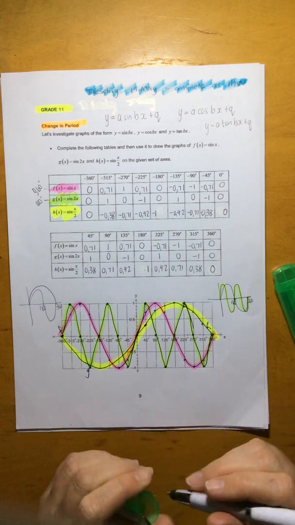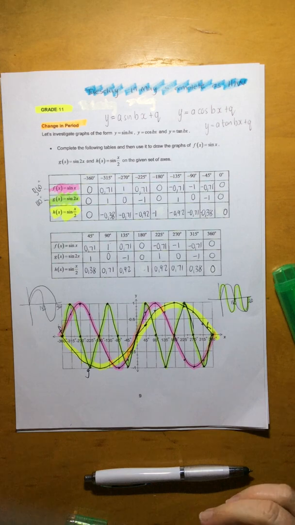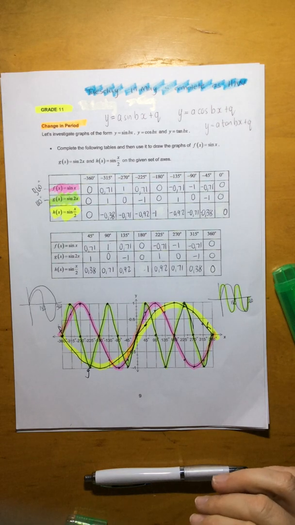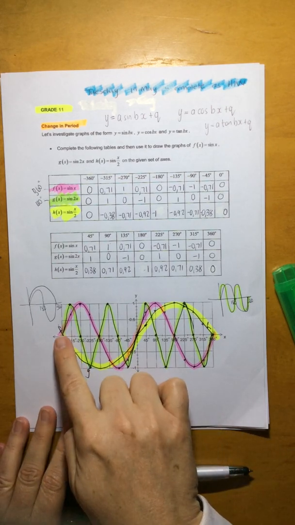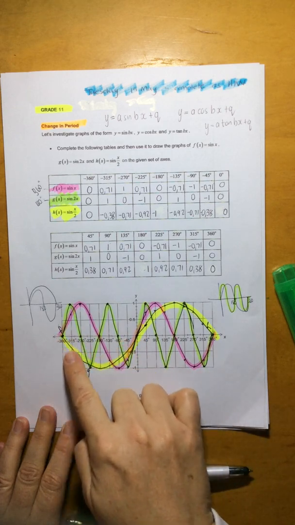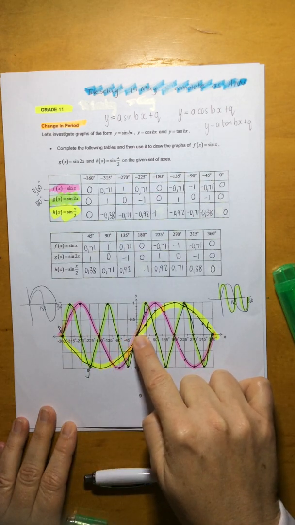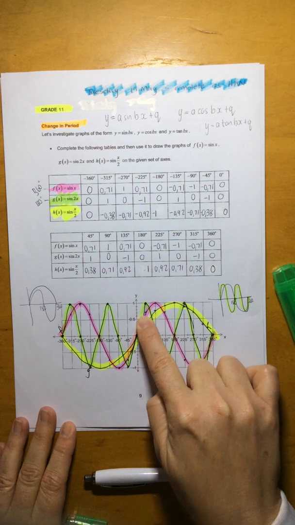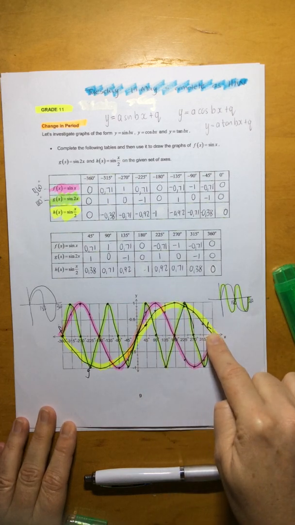Now, when you drew sin x over 2, you would have noticed that it took 360 degrees to complete only half of a sine graph, and another 360 degrees to complete the second half.